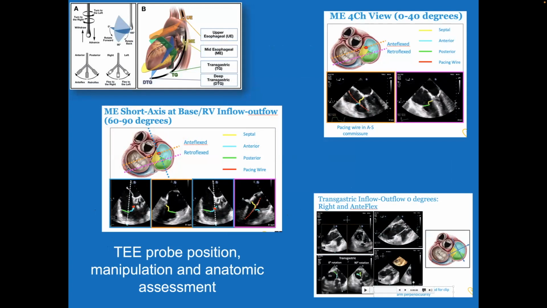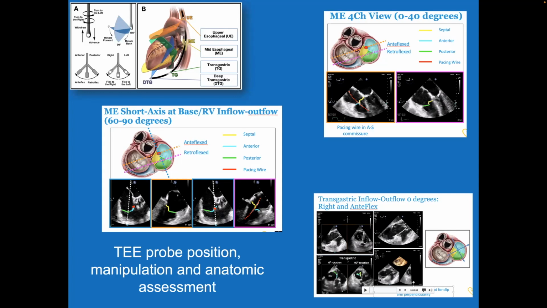We typically think about four positions for the TE probe here: upper esophageal, mid esophageal, transgastric, and deep gastric. As you can see on the diagrams from our classic views, such as the four-chamber and the mid-esophageal 60-90 degree views, you see different portions of the leaflets in 2D.